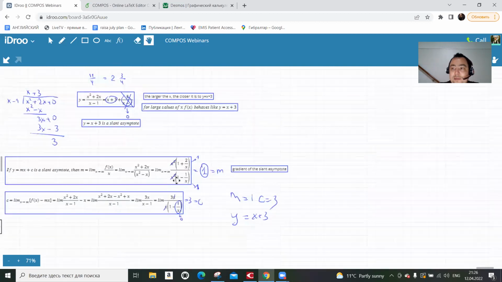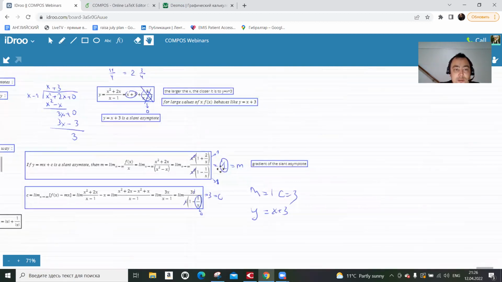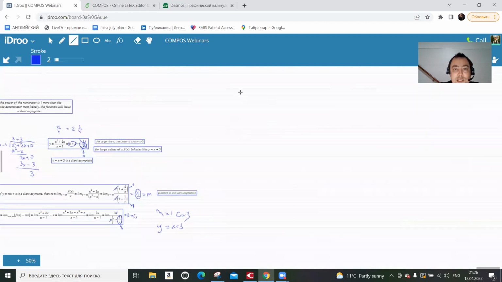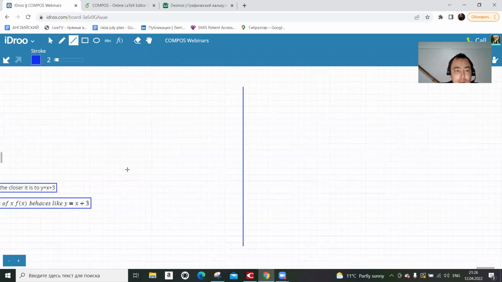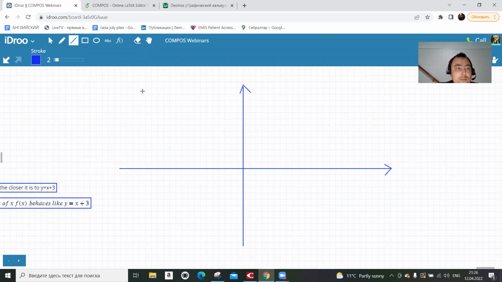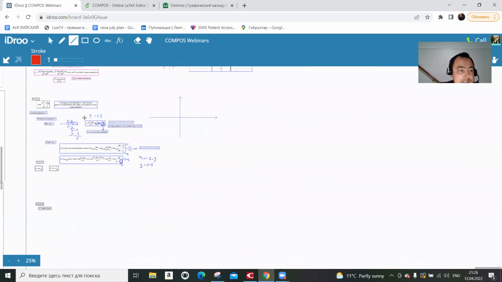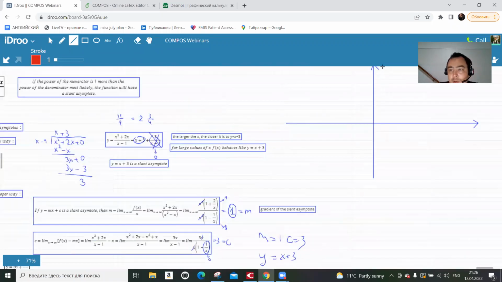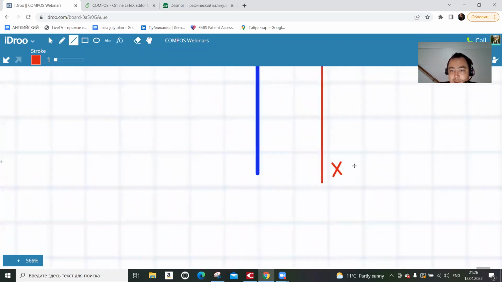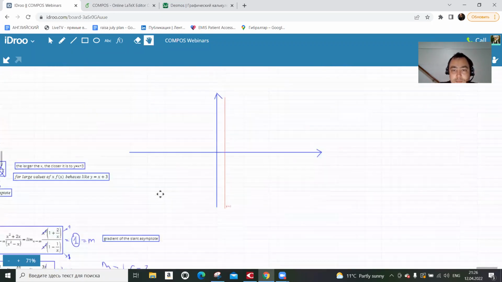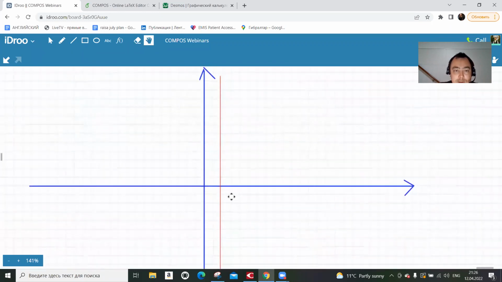Right, and then you start sketching. So you have two asymptotes. One is x equals 1. X equals 1 is an asymptote. And y equals x plus 3.